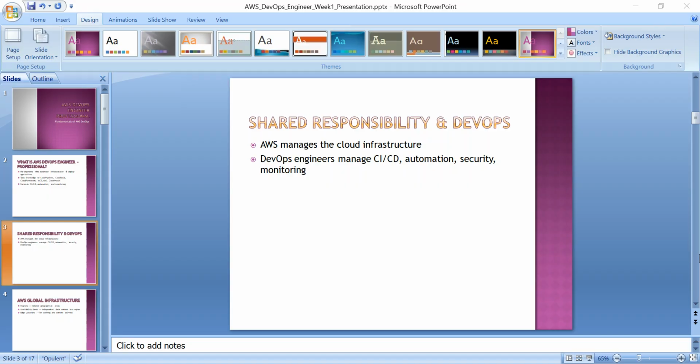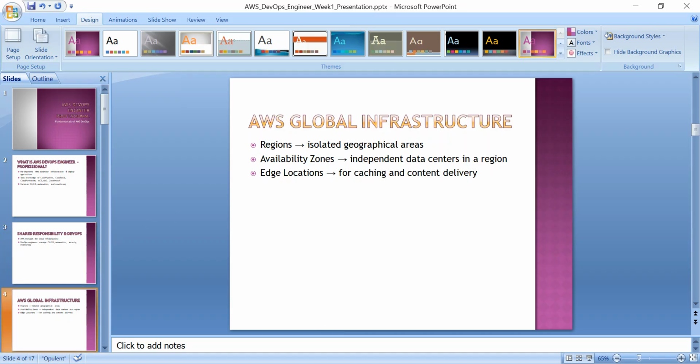Also, the same goes for AWS global infrastructure. You have regions and availability zones, and it depends on your region or your location. Understanding AWS global infrastructure is crucial.